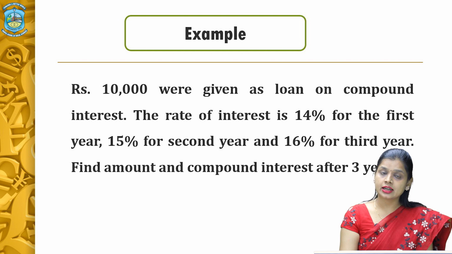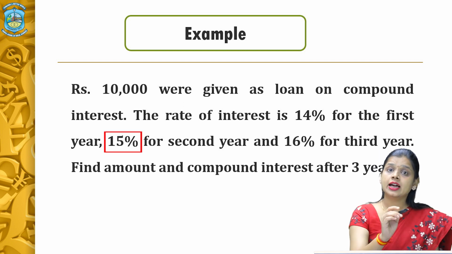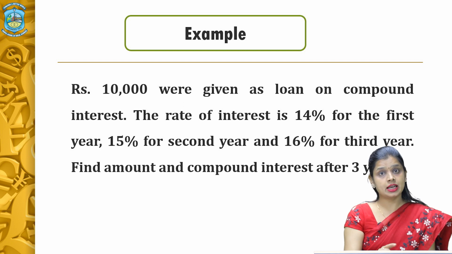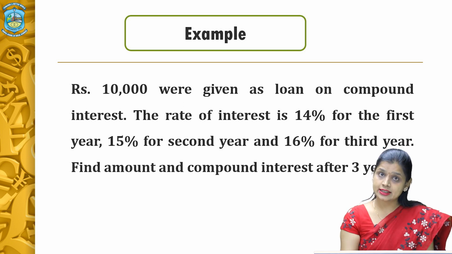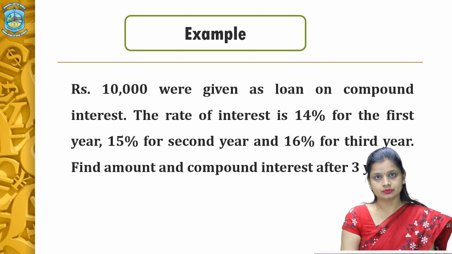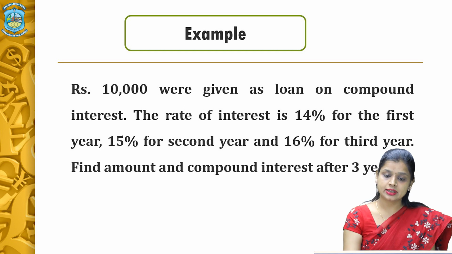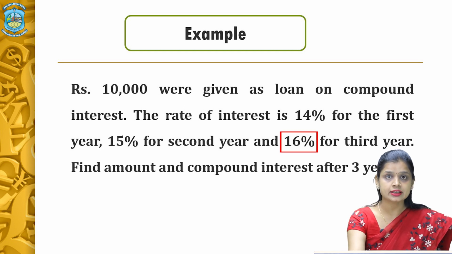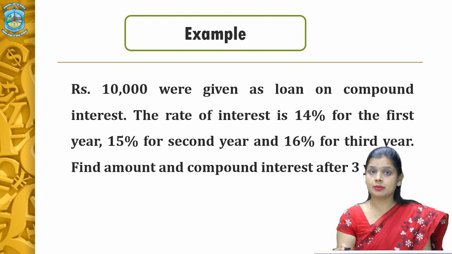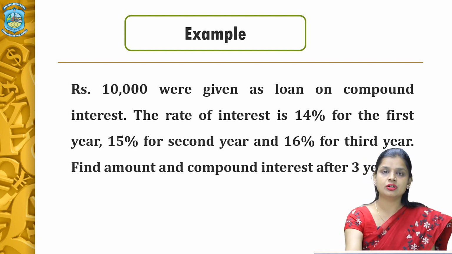In the second year, the rate of interest is 15% and this rate of interest is applicable only in the second year. Therefore, the value of T2 is 1. In the third year, the rate of interest is 16% and again it is applicable only for 1 year. Therefore, the value of T3 is 1.